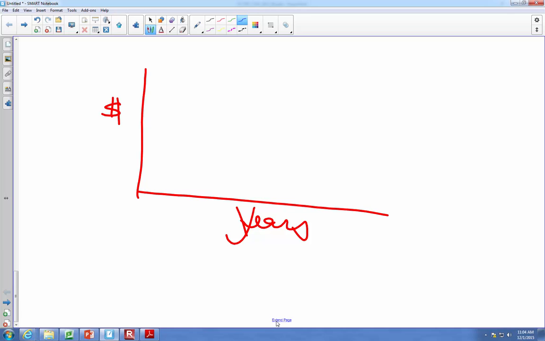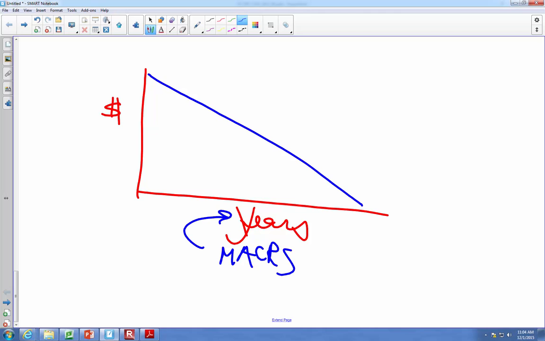So basically what it's saying is this is your depreciation line. So it's high, very high in the early years, tapering off as it gets further down the line. MACRS specifies the years. You don't get to choose the years. You have to go to the MACRS tables to find the years for any specific asset. This is going to cause you a lot of angst because they're very vague.